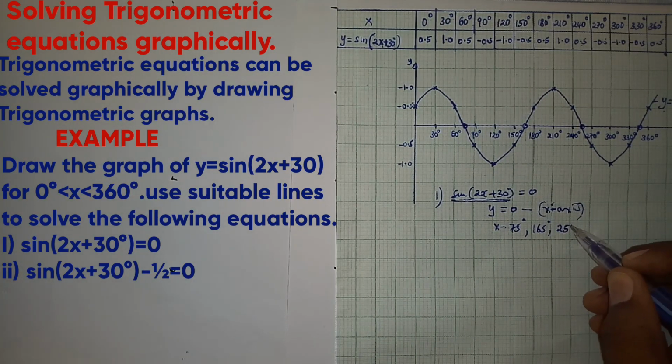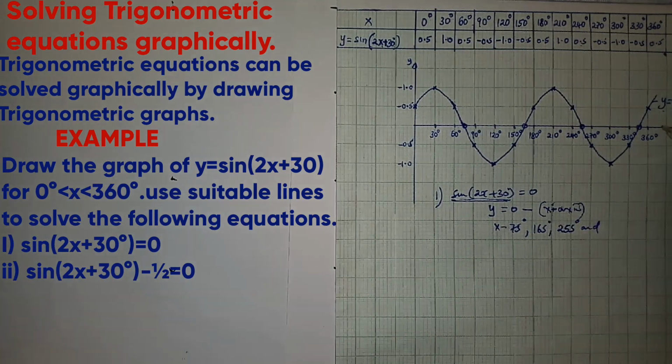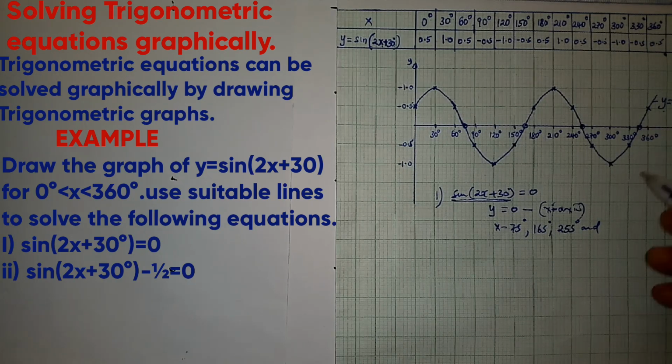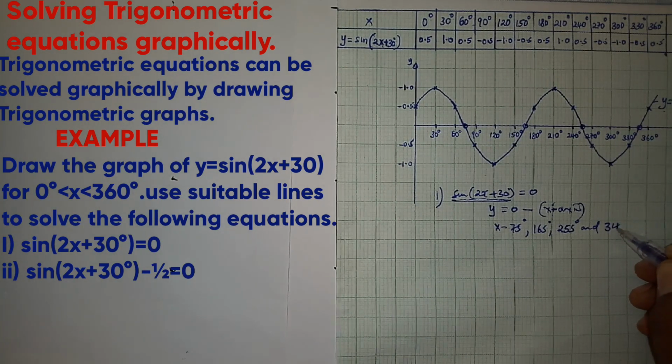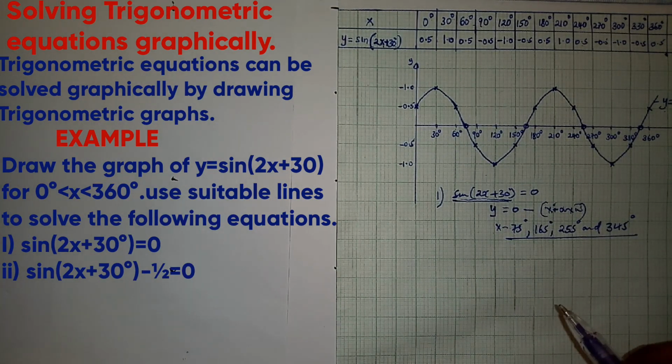So we have 255 degrees. And finally the last one, which is 330 plus 6, that is 336, plus 6, that is 342, plus 3, 345 degrees. So that is the solution for the first equation.